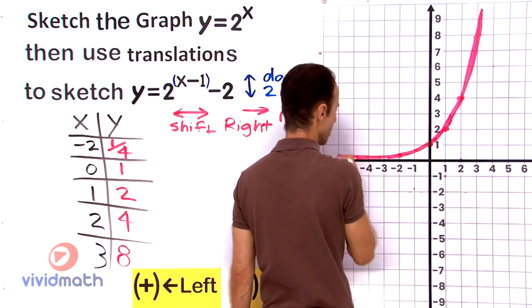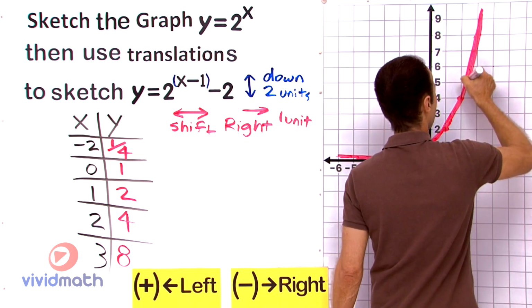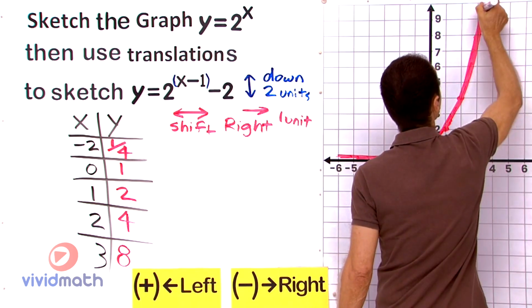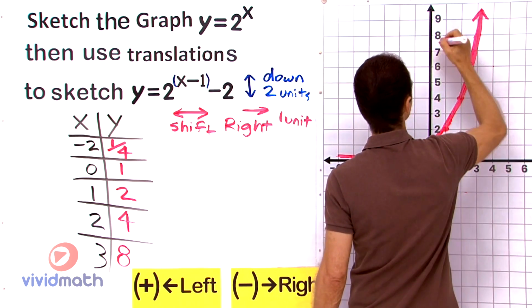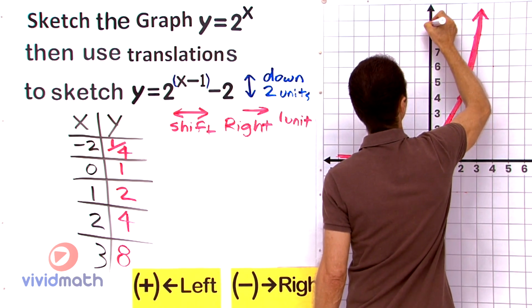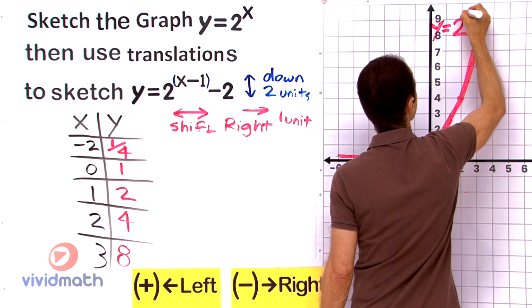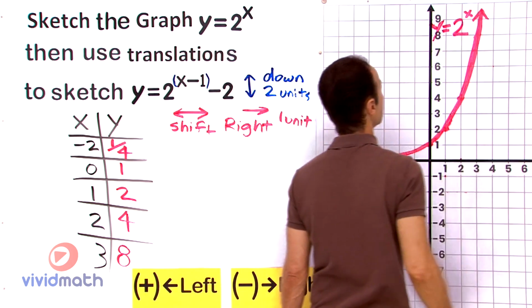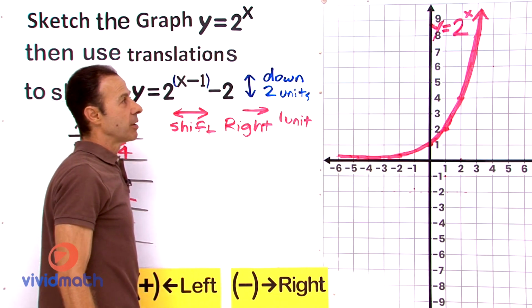On the other side, it's getting closer and closer to the x-axis, but not quite touching. Okay, just put an arrow there. That's what we have, y equals 2 to the power of x. There we have it. That is our parent function.